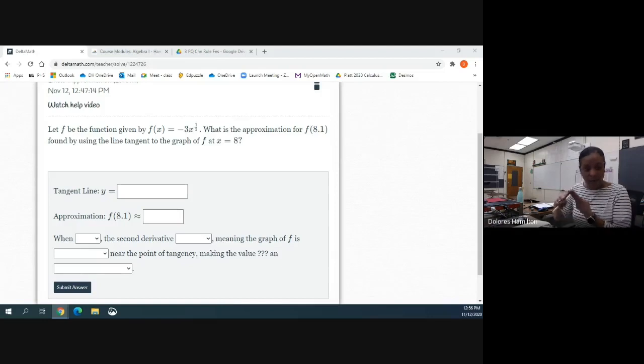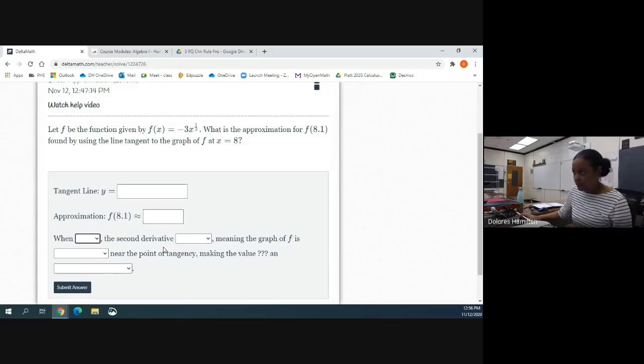The approximation, we're going to need to give that. And then this business right here. That's just going to tell us if it's at 8, well, we're working with a positive x value. That's weird. We don't see that typically. And then we're going to need to determine whether or not that prediction that we came up with is an over or an under approximation.